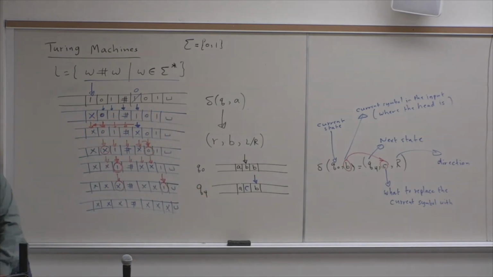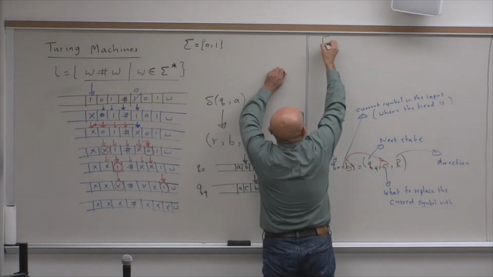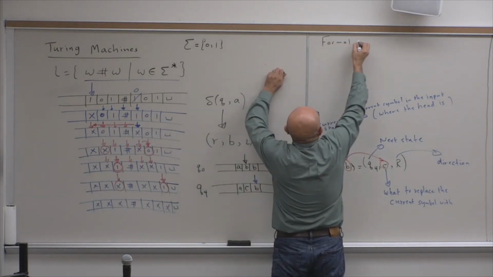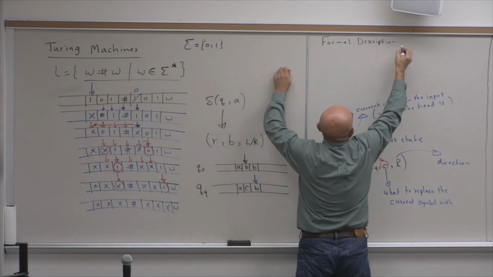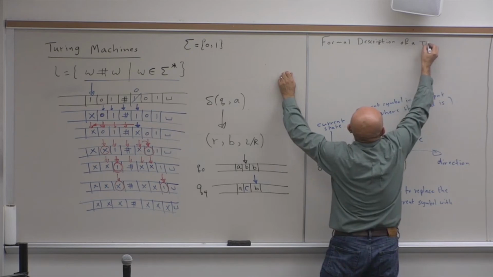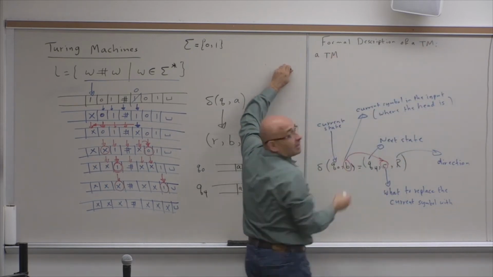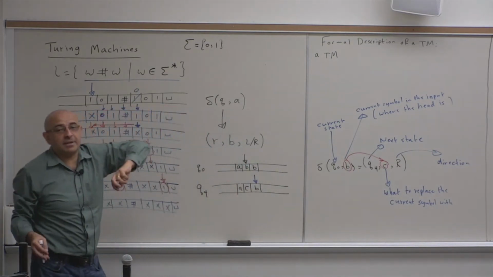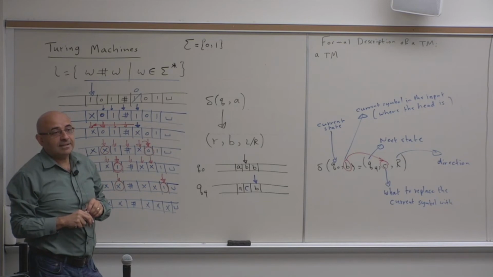So let's now give the formal description of a Turing machine. The finite automaton was a 5-tuple, the push-down automaton was a 6-tuple, and the Turing machine is a 7-tuple.